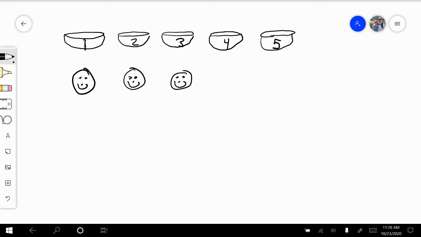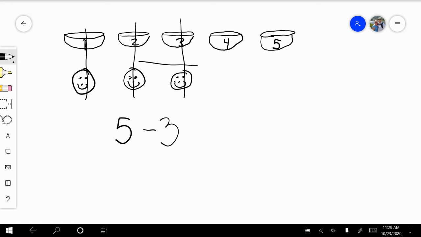So we write 5 for the beginning of our number sentence. Then we take away the smaller number. We're comparing how many are the same. 1, 2, 3. The number that are the same are the number we are taking away.